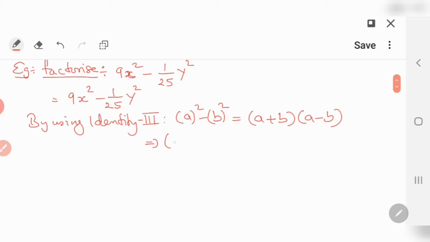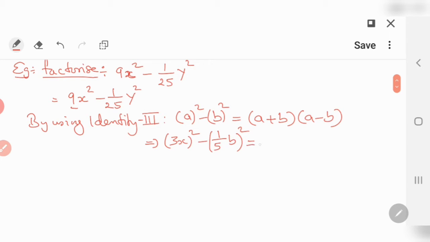in the place of 9 you write 3x whole square, because we know that a square means what? 3x square. So 3 3 is a 9. So this 9 you will get, correct? Minus b square. In the place of b square you write 1 by 5 y whole square. So 1 1 is 1, 5 5 is 25.